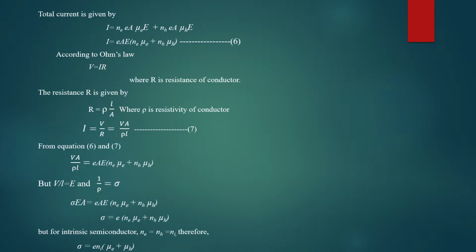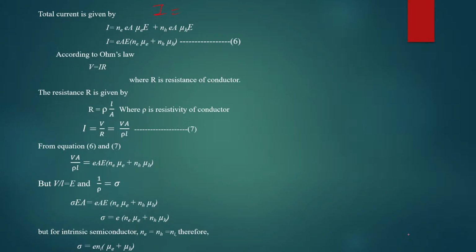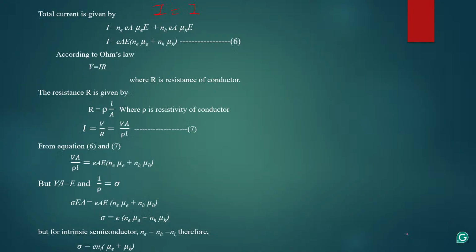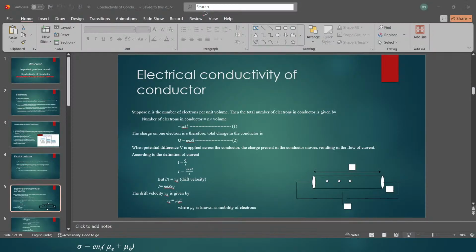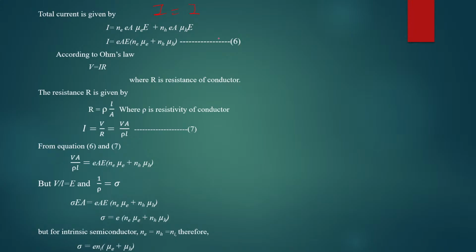Okay, then we already know that I is equal to IE plus IH.